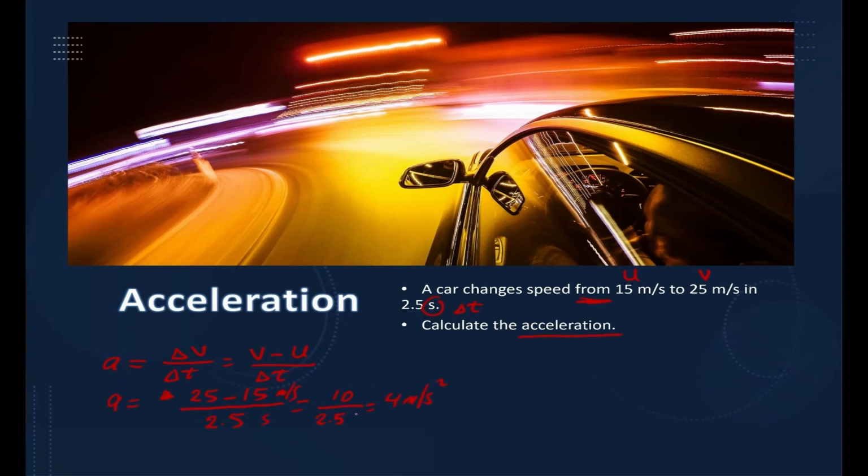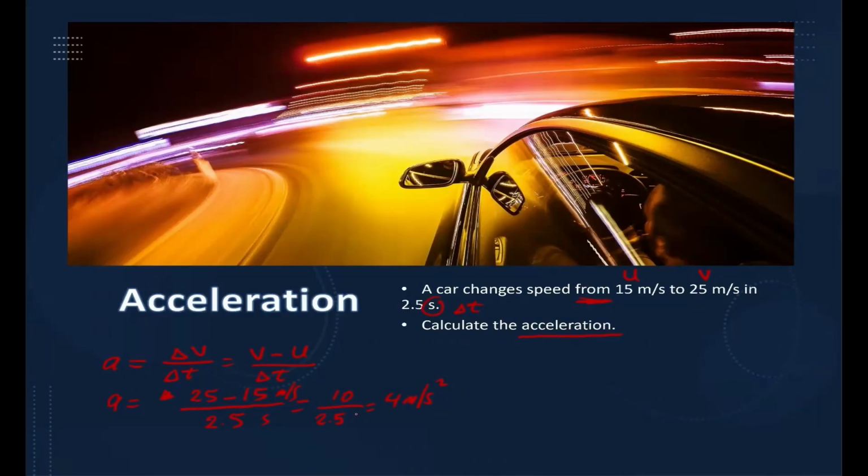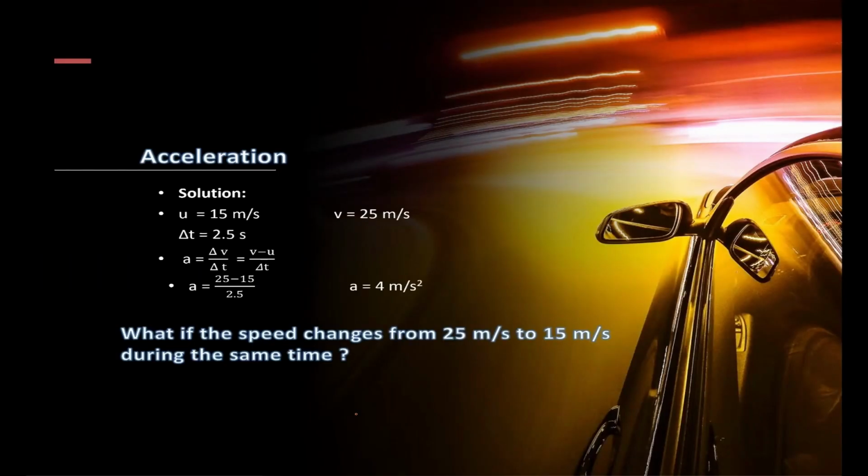Brilliant. This is the answer here. What if the car changes its speed from 25 to 15? So this will be u, this will be v, in the same time, which is 2.5. Try to answer it. Of course, yes. It will be the same acceleration, but with a negative sign.